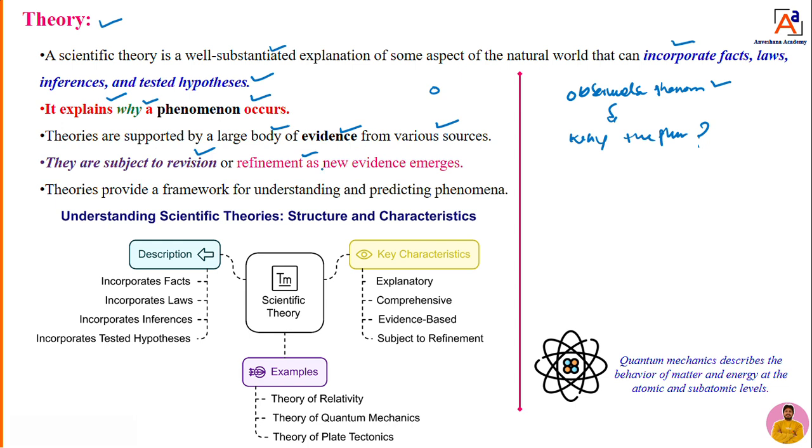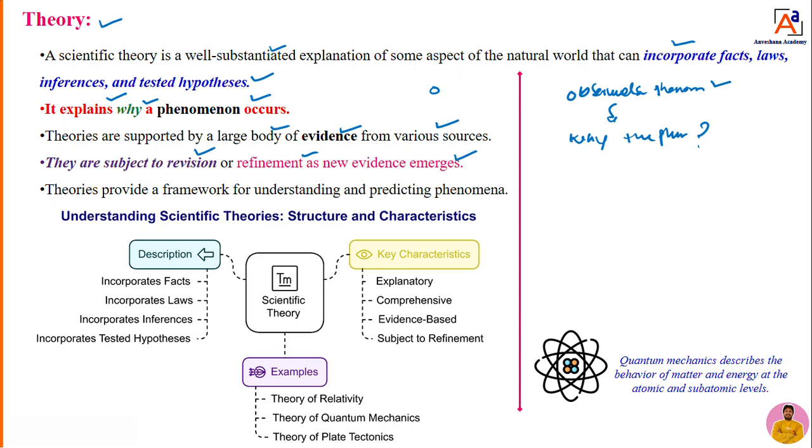After repeated experiments with some evidence, they will give a theory. That theory can be revised or refined or modified as evidence emerges. With some evidence we can modify or refine the theories, but laws cannot be modified.